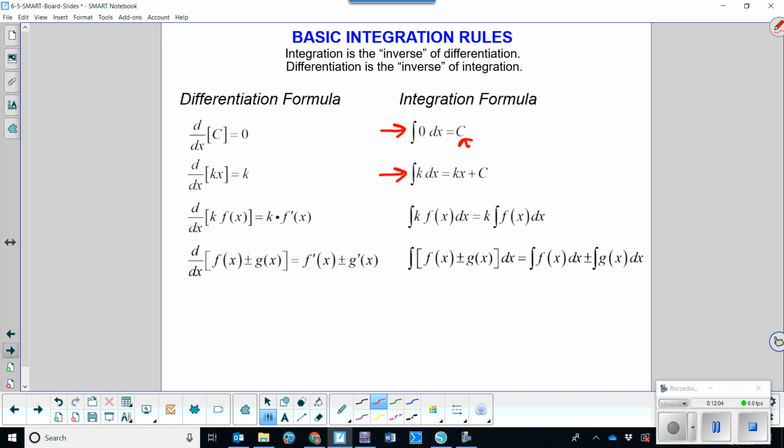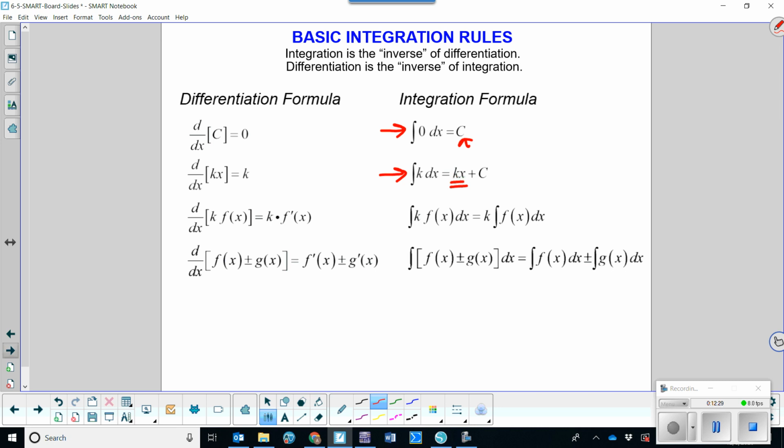We're just thinking to ourselves, what would you take the derivative of? The answer would just be a number. Well, that would be kx. For example, if you take the derivative of 2x, your answer would be 2. So if I integrate 2 dx, my answer is 2x, and then plus c, because we don't know what might have been there.